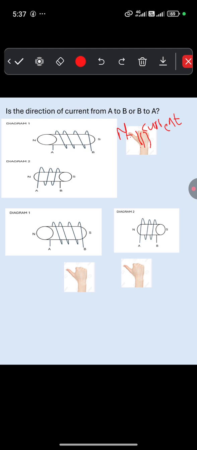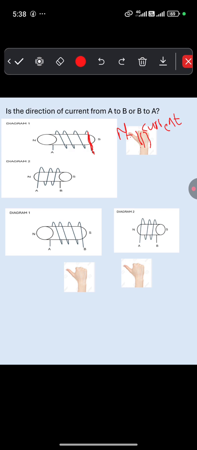Your curled fingers will indicate the direction of current. And then you do this in the front wire. When you look at this solenoid, the front wire is this one. This is the front wire because we can see it's continuous.